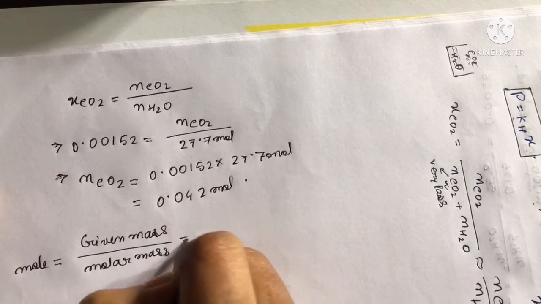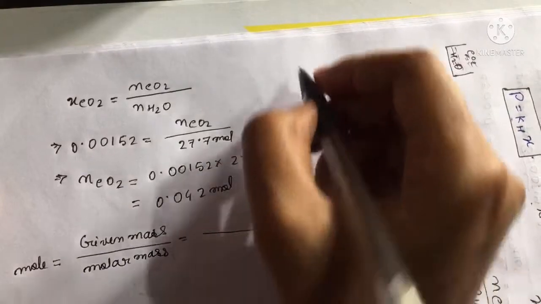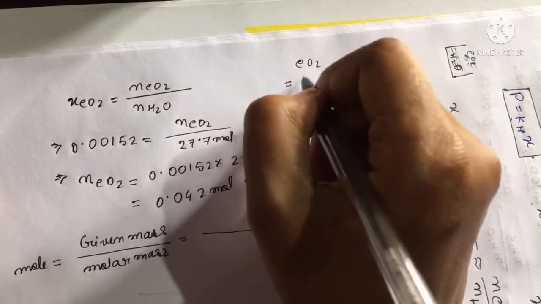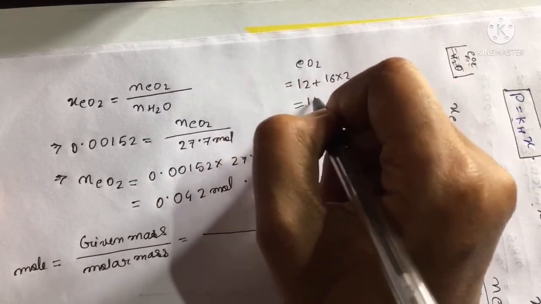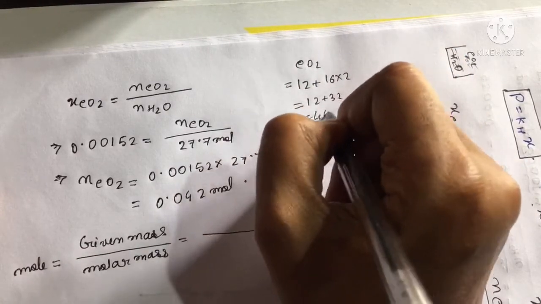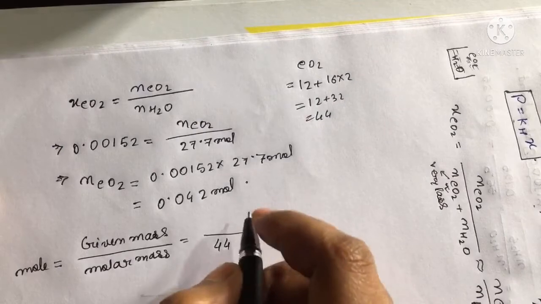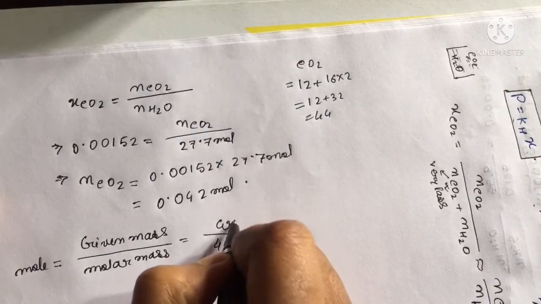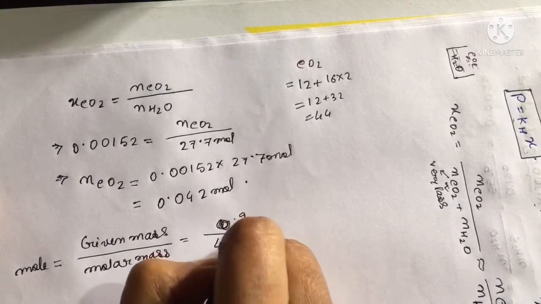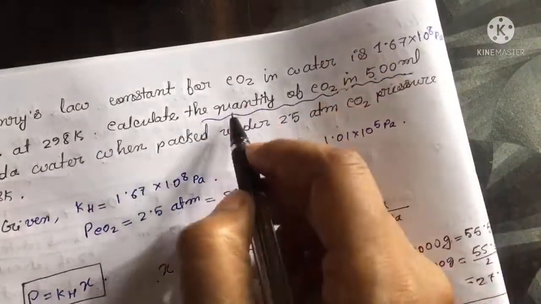The molar mass of CO2 is, for carbon 12 and for oxygen 16 into 2, so 12 plus 32 is equal to 44. So the molar mass of CO2 is 44 gram. And we have to calculate the given mass, the quantity of CO2.